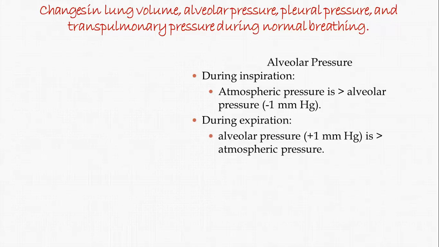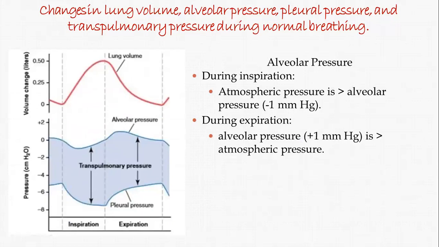So during inspiration, the atmospheric pressure is more than the alveolar pressure, it is -1, and during expiration it becomes +1. Now this is the figure from Guyton, where we can see the alveolar pressure. From 0 it becomes -1 during inspiration, and the pleural pressure is decreased, in centimeters of water again.